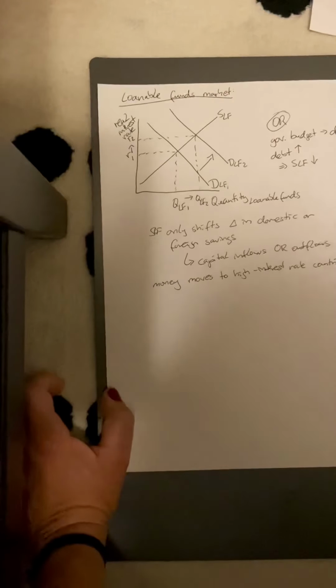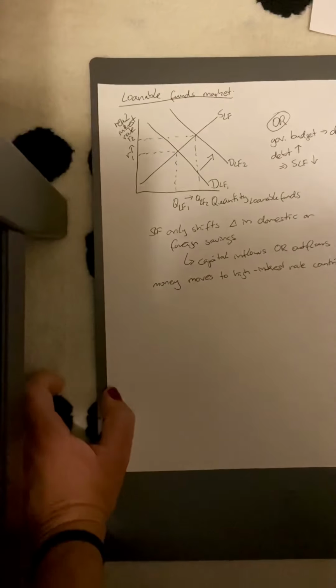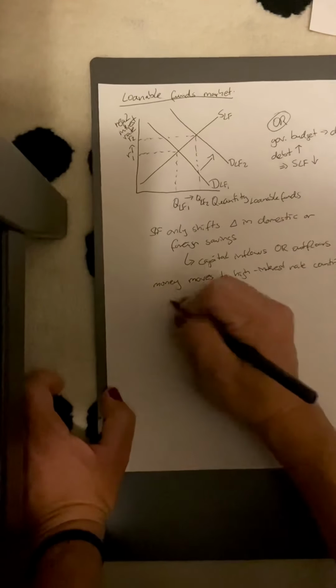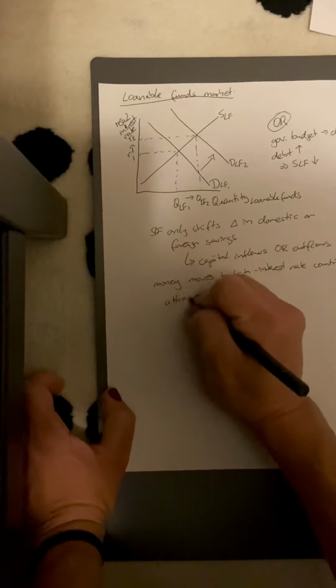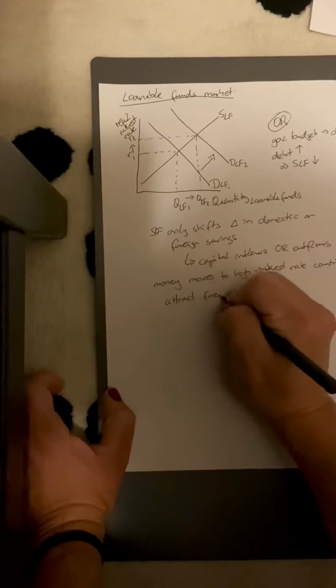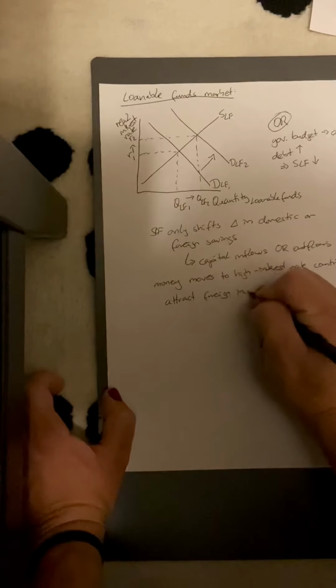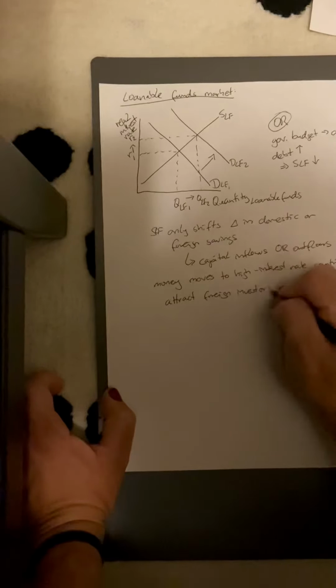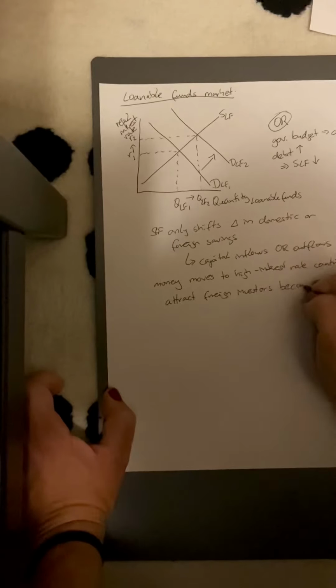Let's say this is the US, we have higher real interest rates. What is going to happen now? Real interest rates attract foreign investors because they want to earn the high interest.